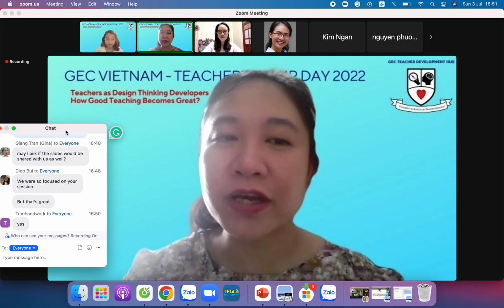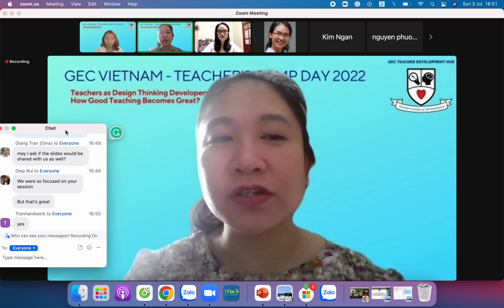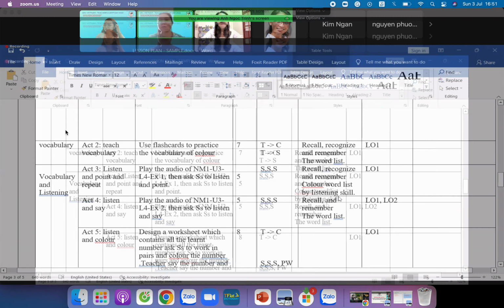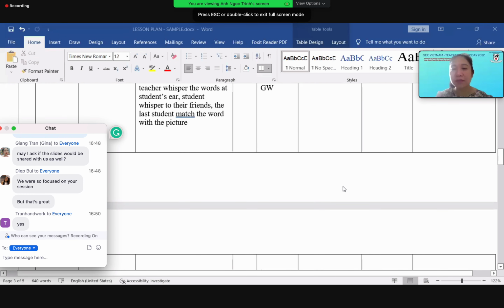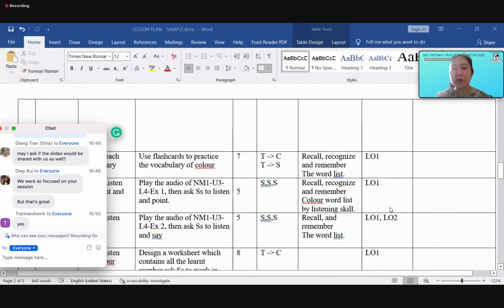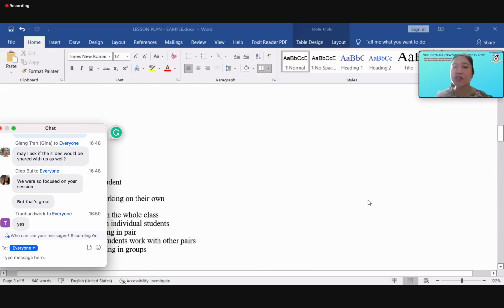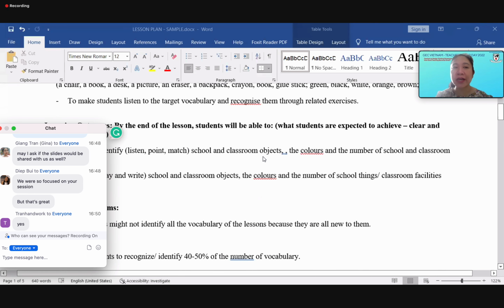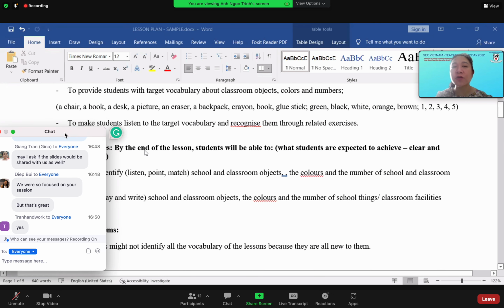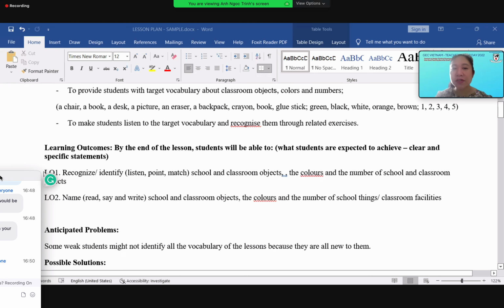But what I want to emphasize here is that you need to take the perspective of learners when you design the learning outcomes, and you can adjust the learning outcomes based on what the students actually get after the lesson.